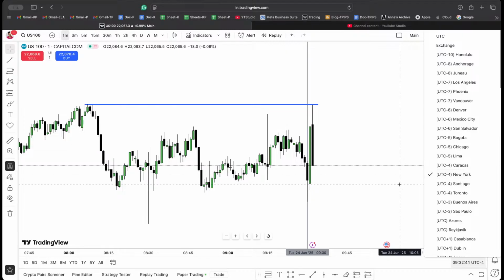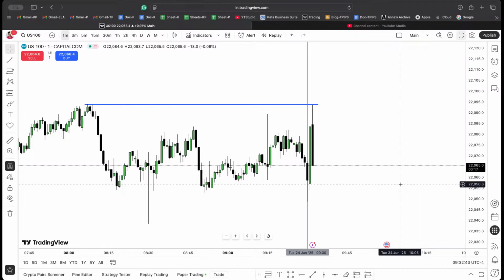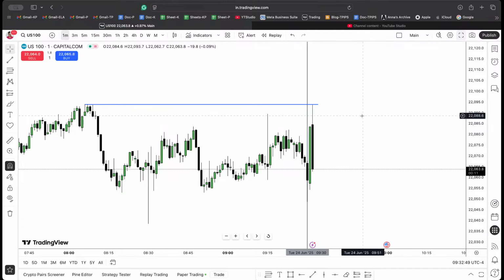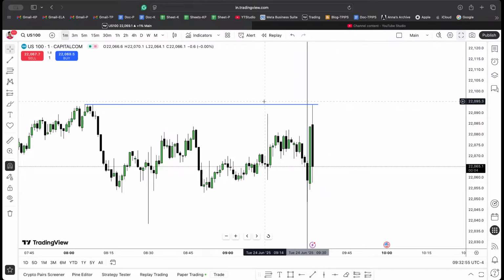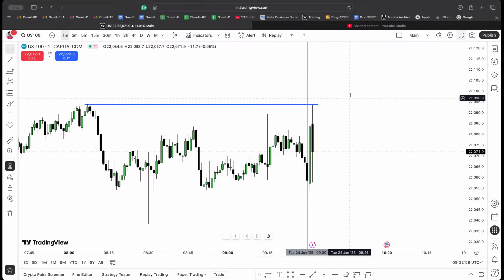You can set your own calendars as such. The market is moving upward and it has taken some liquidity from the premium side, which is this one.